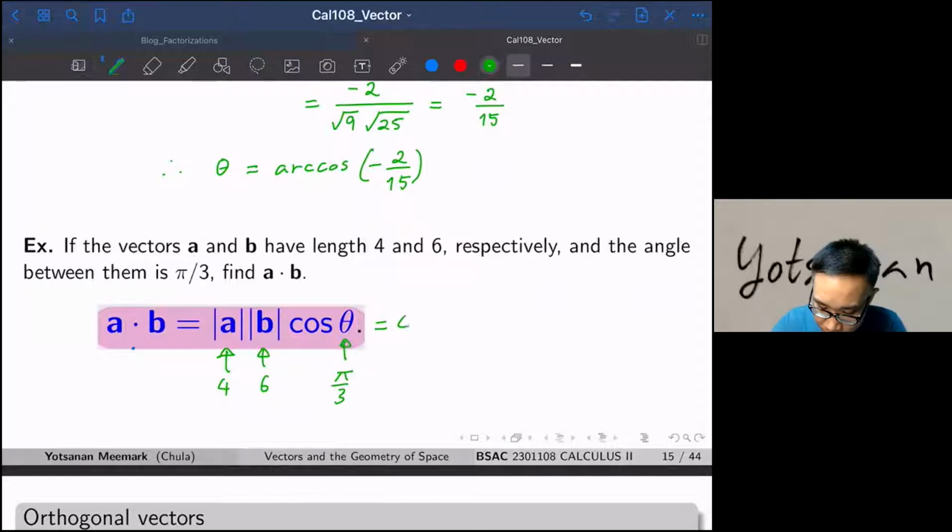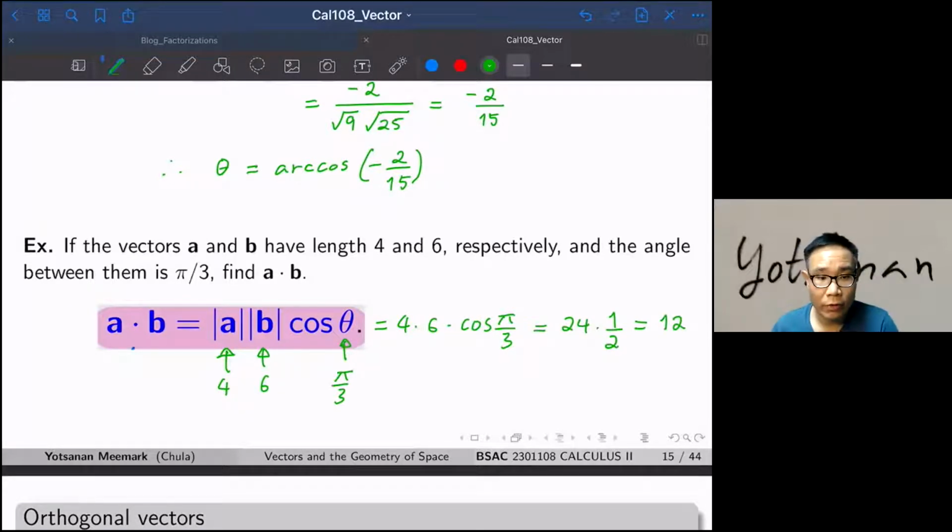So it's 4 times 6 times cosine pi over 3, which gives 24, and cosine pi over 3 is 1/2. So A dot B equals 12. This is how we obtain the solution.